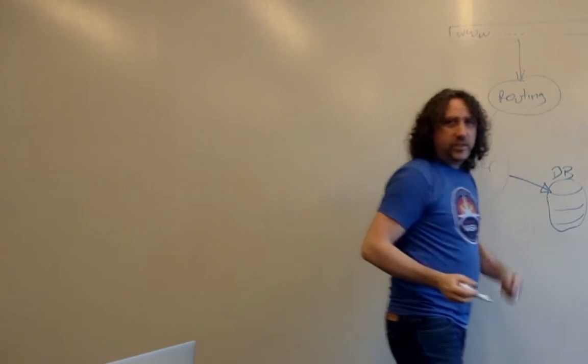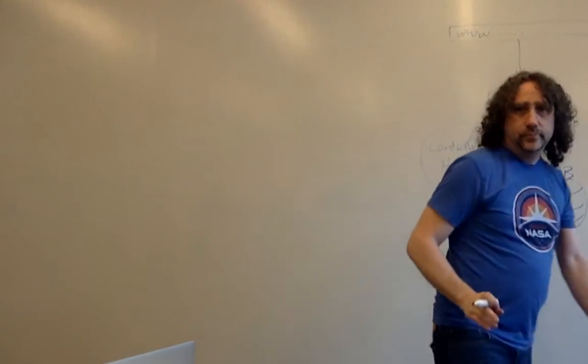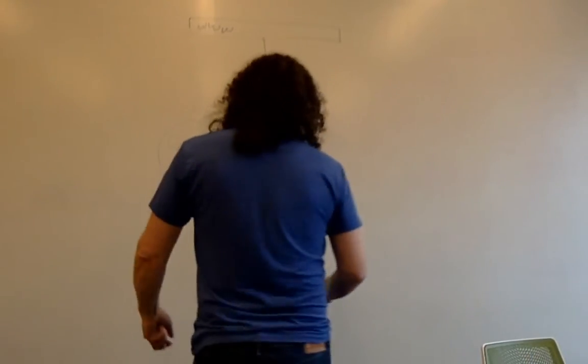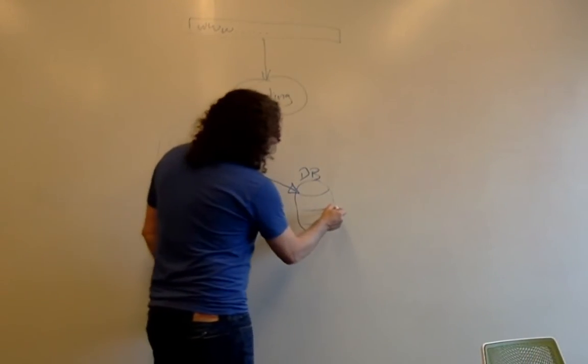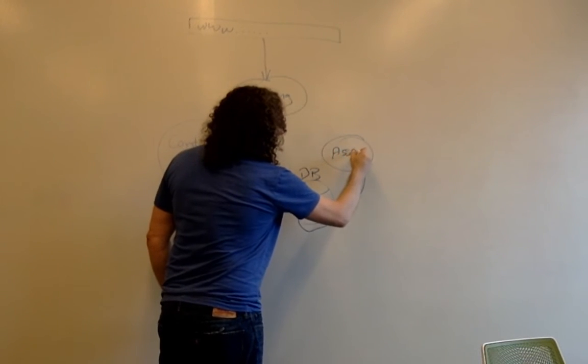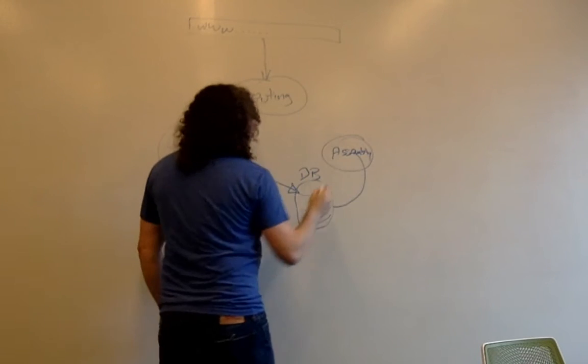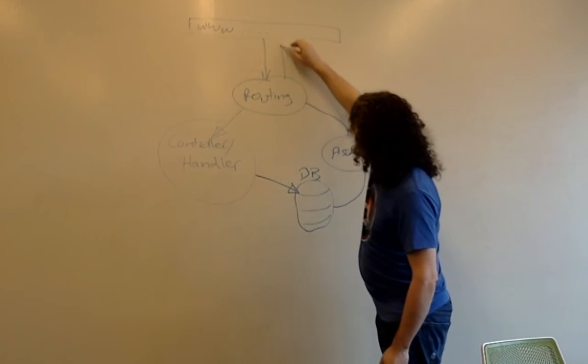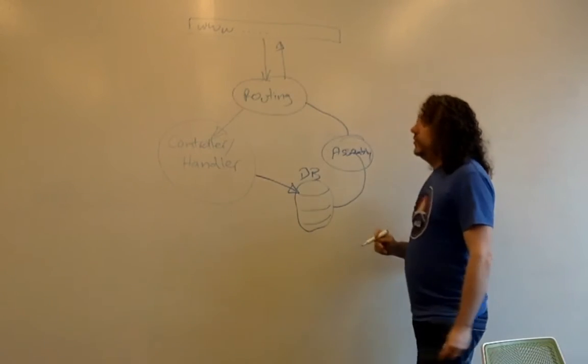and it gets the content from the database, assembles, and then comes back basically through the router and back to the browser.